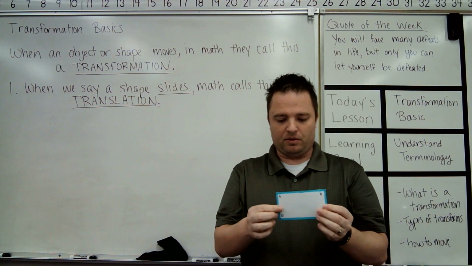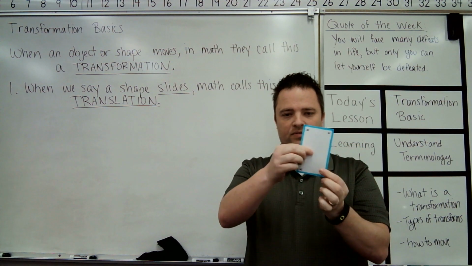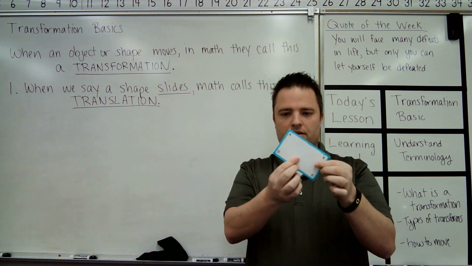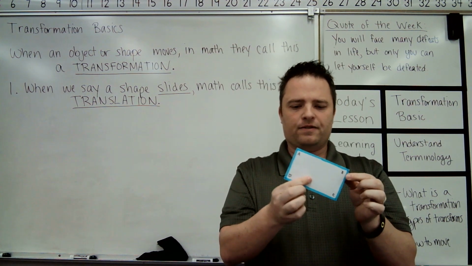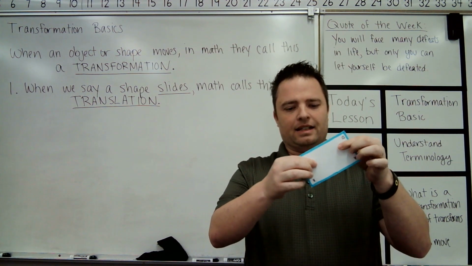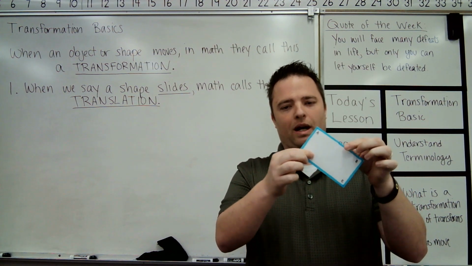The second type of movement we described was, what if it moved like this? Or what if it moved like this? If we were to put our word to it, we would say this kind of turns. In this case, it turns the way that a clock would turn. So they call this clockwise.